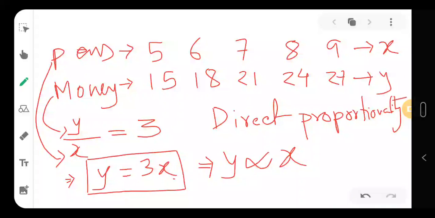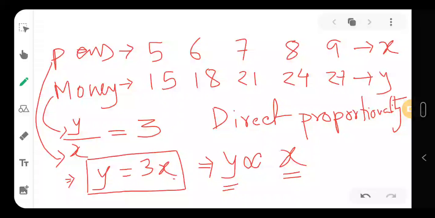So this is called direct proportionality. This sign here you better use like this. There is a small gap between these two points. So this sign means that one of my quantities is dependent on another quantity, but the relation here is direct.